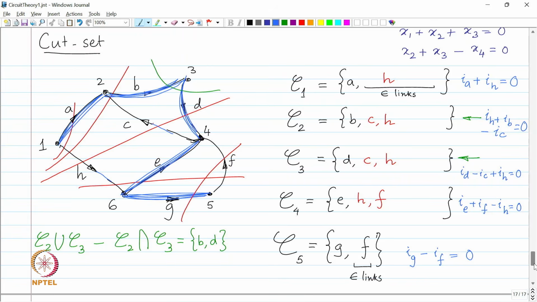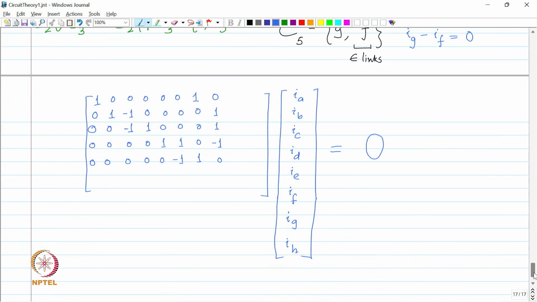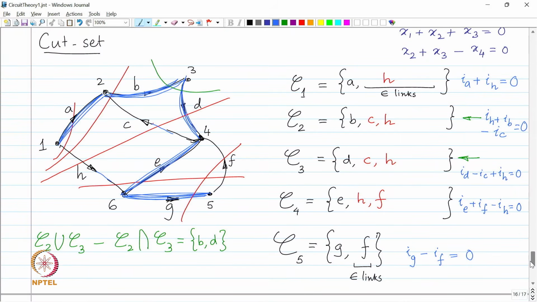For example, the one that Raghav wanted, right, I b minus I d is equal to 0, he wanted that. But I b minus I d equal to 0 you can get if you combine equation 2 with equation 3, right. You just have to subtract equation 3 from equation 2 and you will get I b minus I d equal to 0, fine.